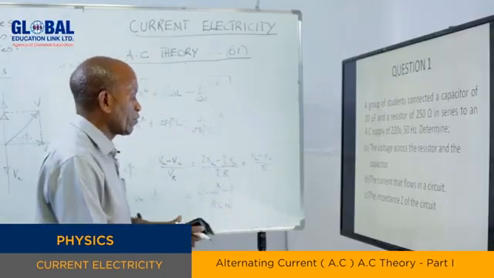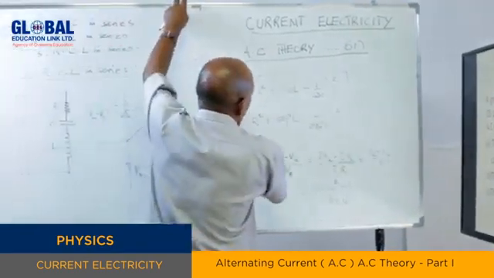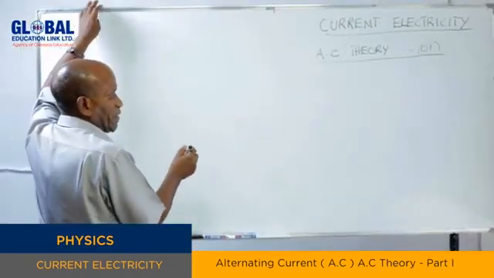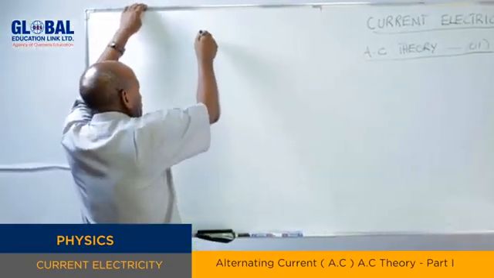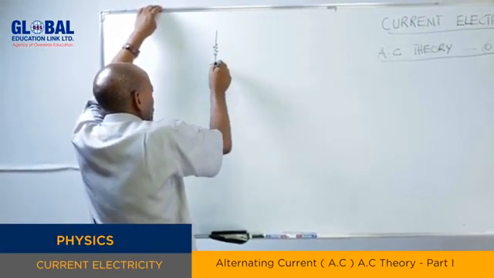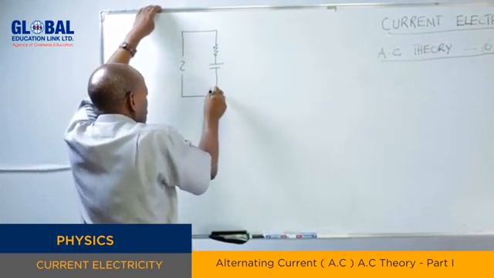The first one, part A, we need to look at the voltage across a resistor and a capacitor. So here we are having a resistor and a capacitor connected in series across that particular AC source.